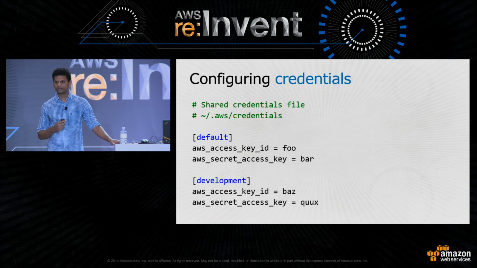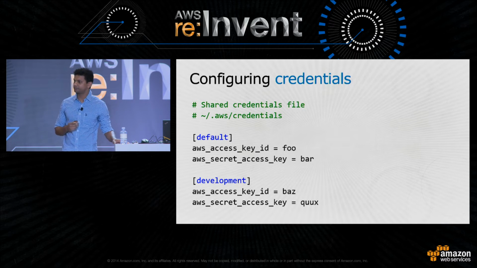The second reason is because the shared credentials file supports profiles, which are nothing but credential pairs that possibly grant different access to different resources. There are many other ways of configuring credentials, and to know more about these, you can check out our developer guide online.